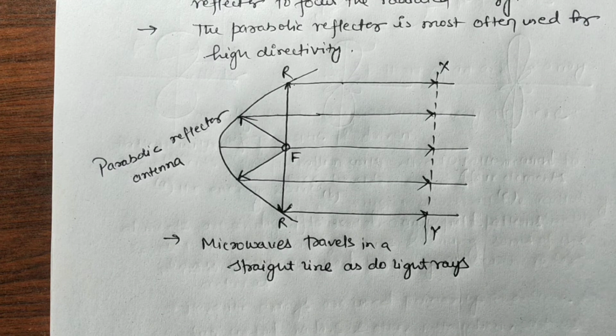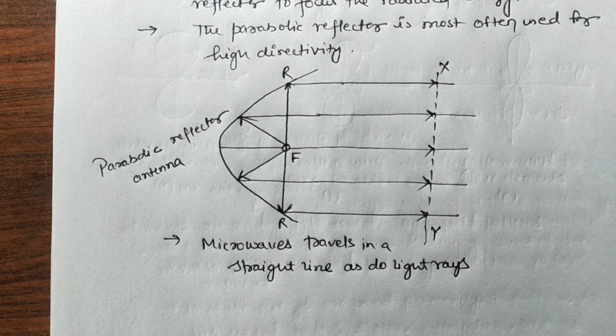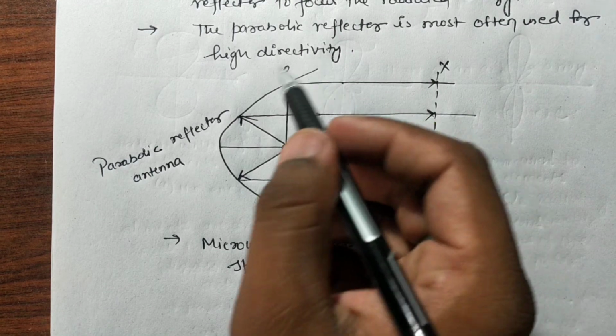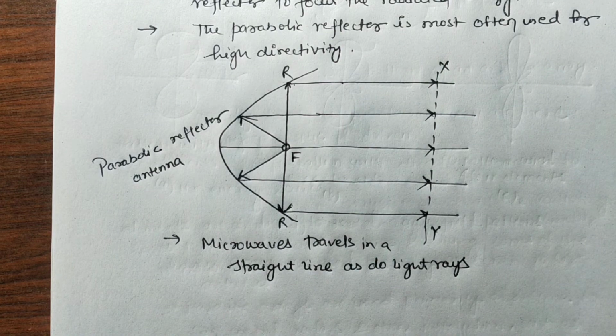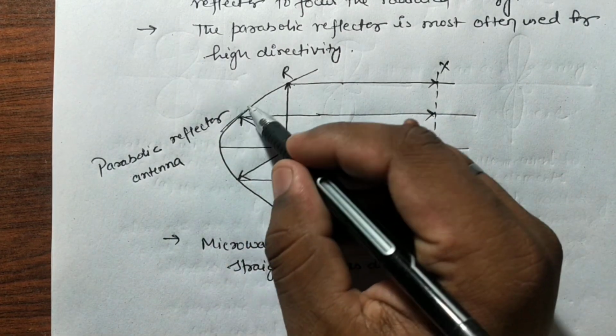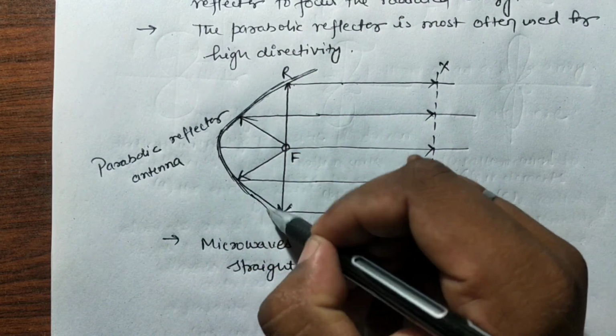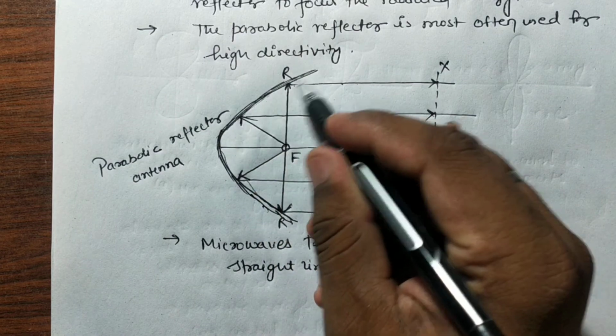Each part is then sent outward at an angle that results in all parts of the field traveling in parallel paths. Because of the shape of a parabolic surface, this is what a parabolic reflector is. You can see the structure we have made here. This is a parabolic shape; you can easily see this parabolic reflector.